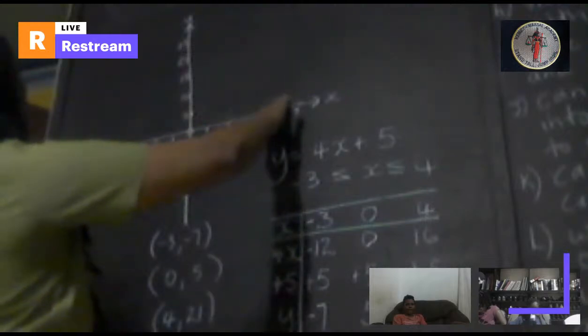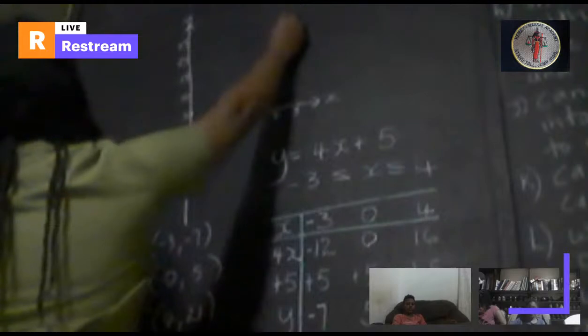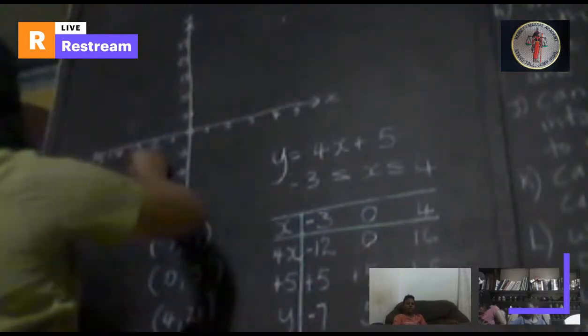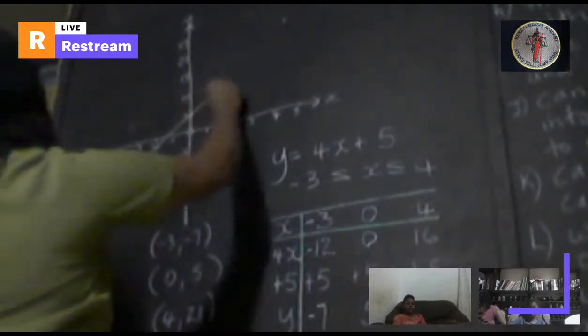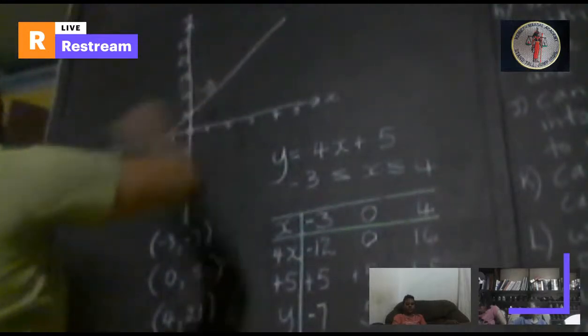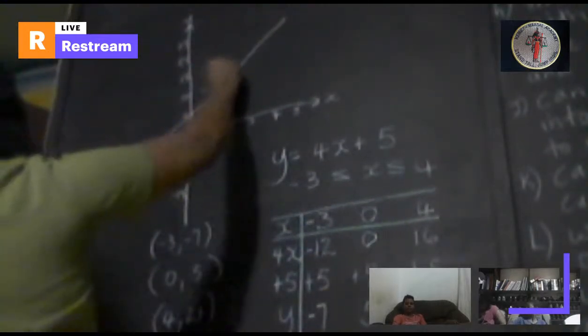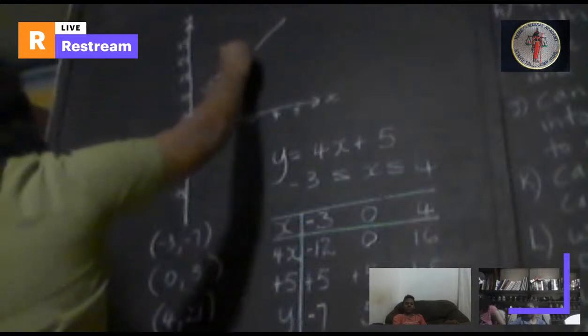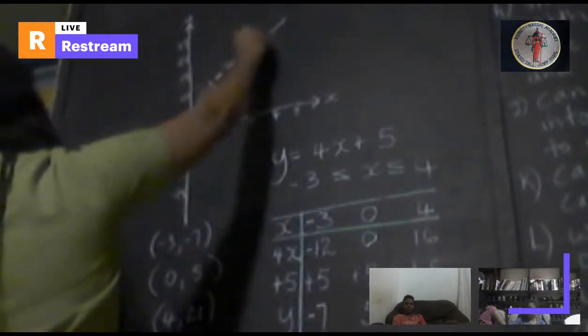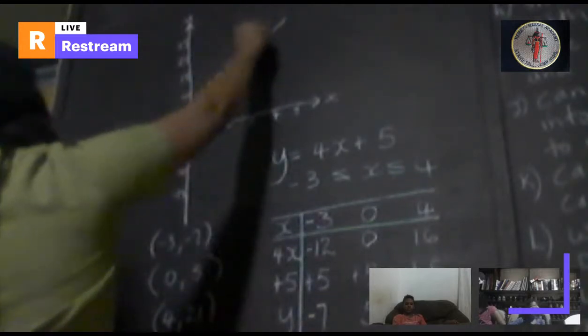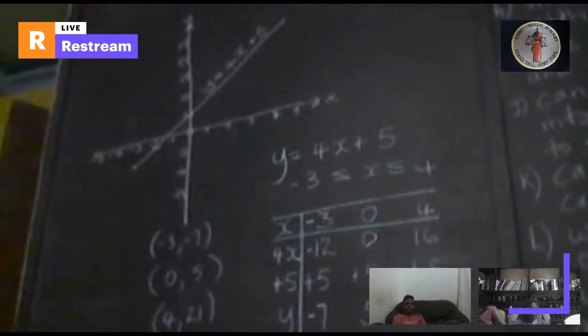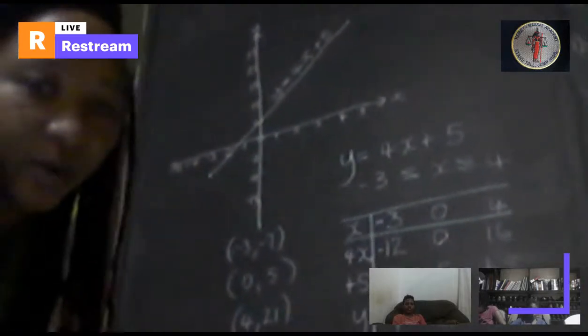So 4 on the x goes up to 21. And then we connect the points and write our equation. So y equals 4x plus 5. Okay, so that's our graph.